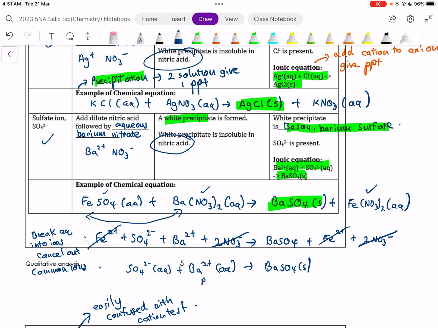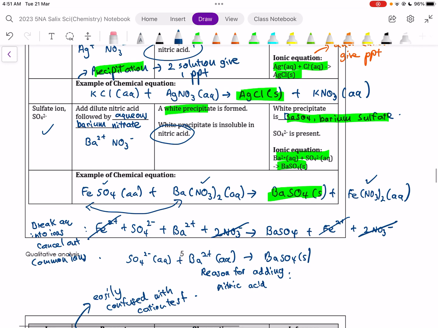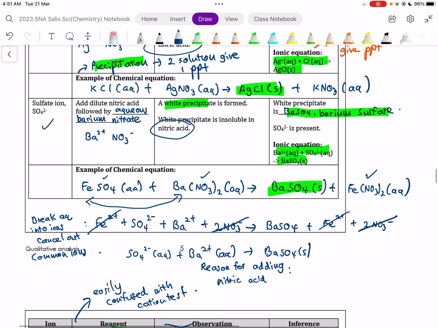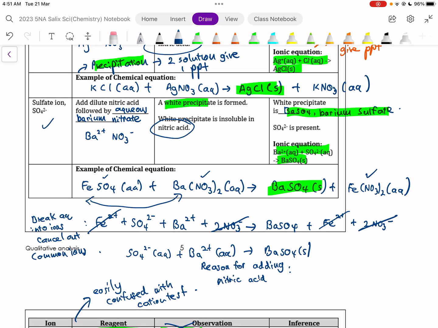The reason for adding nitric acid is because you want to get rid of any carbonate, to remove carbonate ions.